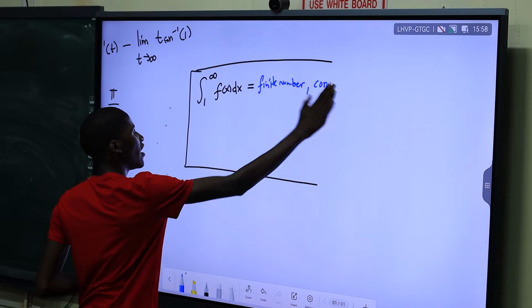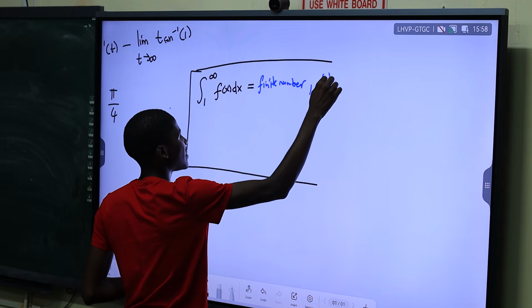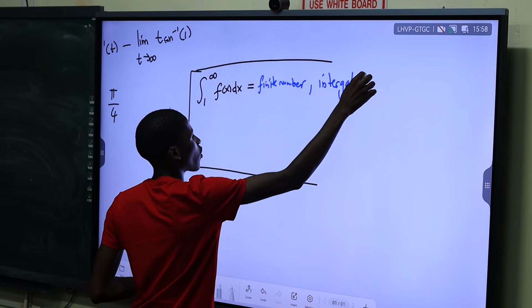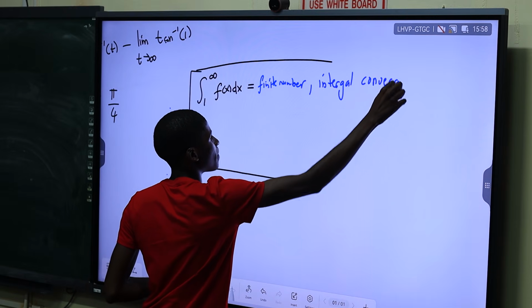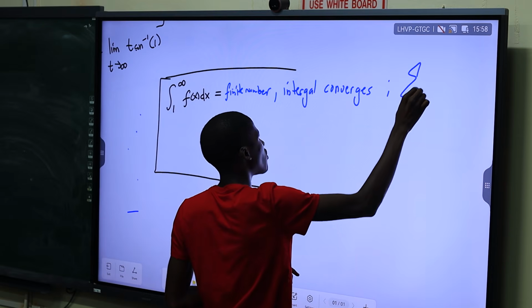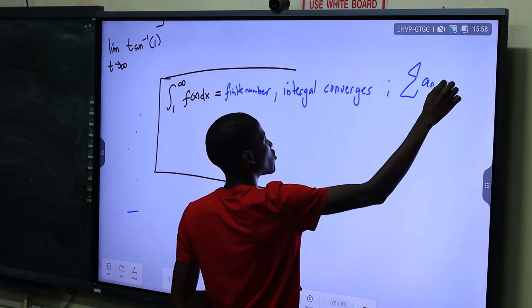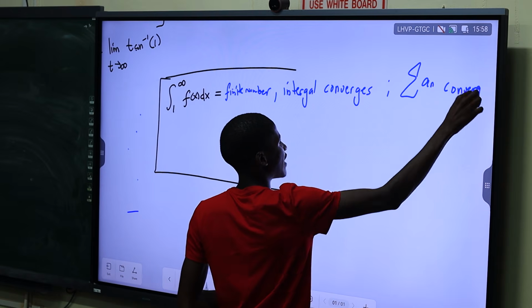So if you find a finite number for the integral, you say that the integral converges, and also the sum of a_n is converging.